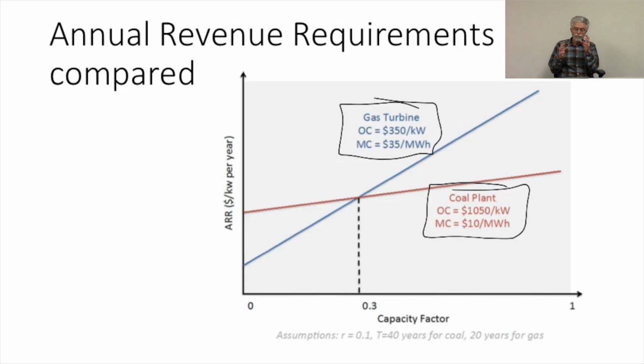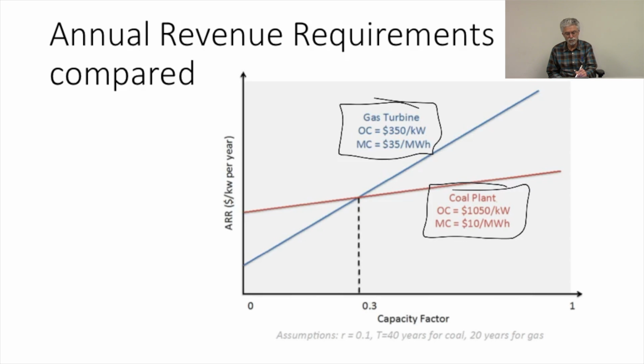And so at a very low capacity factor, in fact, if you think about a zero capacity factor, then the annual revenue requirement is really just paying off the capital cost of the power plant. There's no fuel cost if you have zero capacity factor.